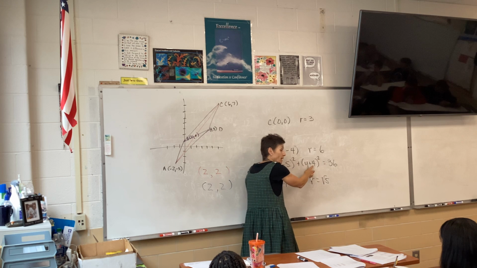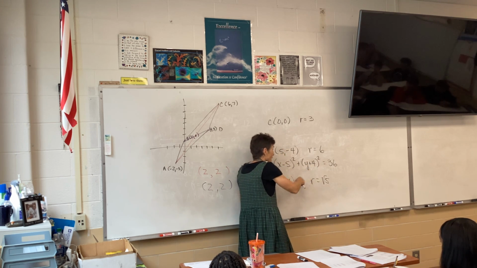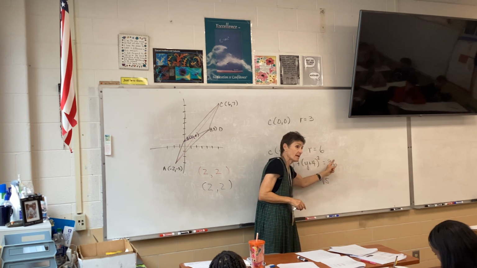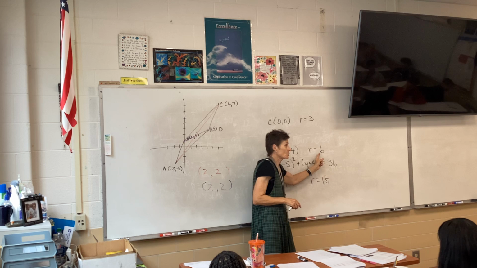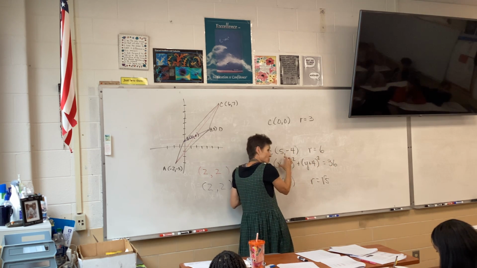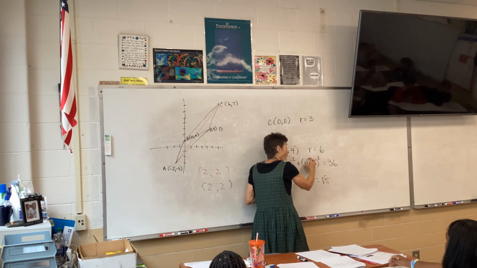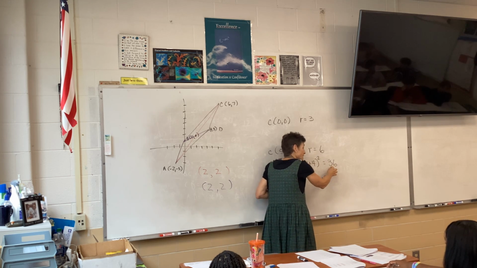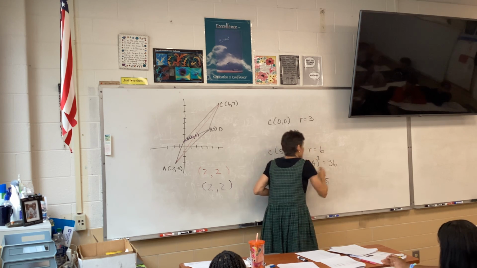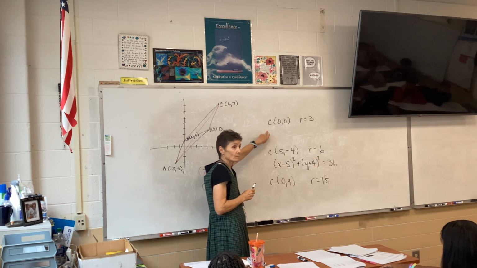And then y plus 4. Now, this number over here, where do you think it came from? The radius. It's the radius squared. Now look, you have an x squared, you have a y squared, so this is going to be an r squared.